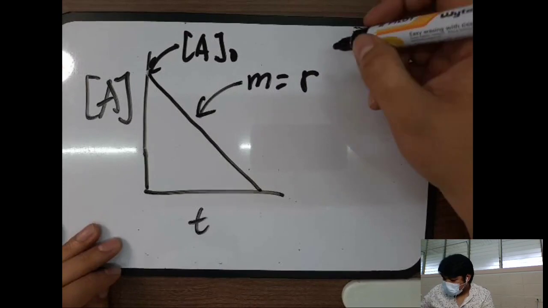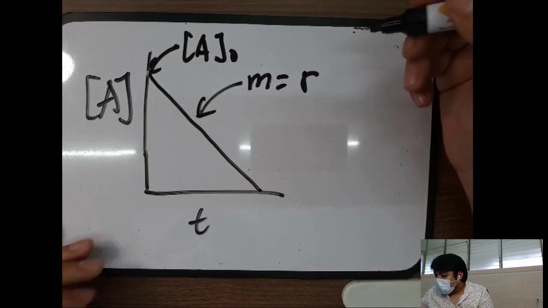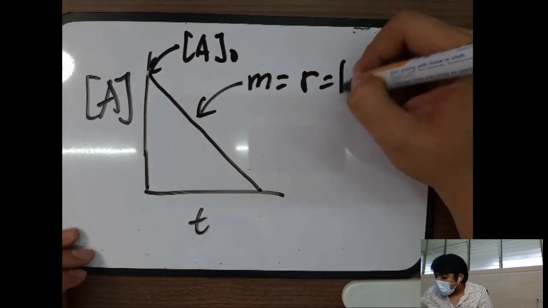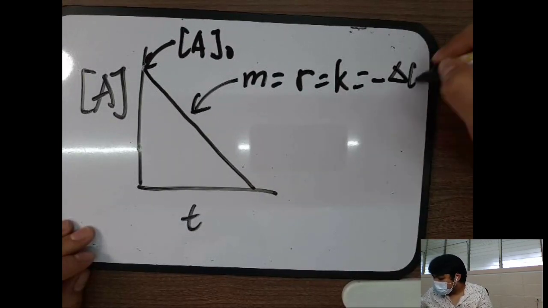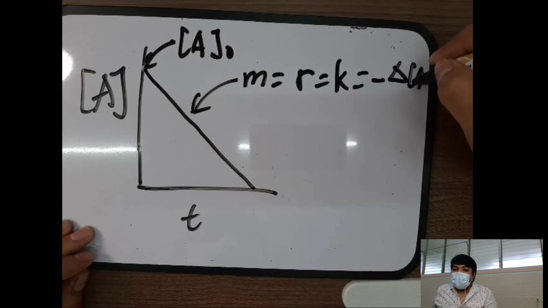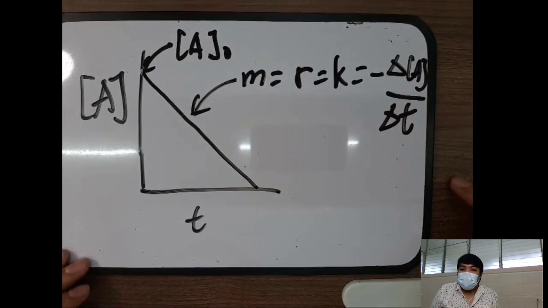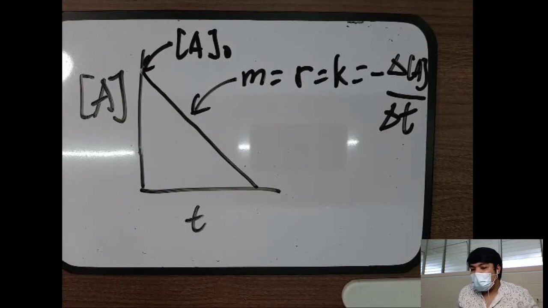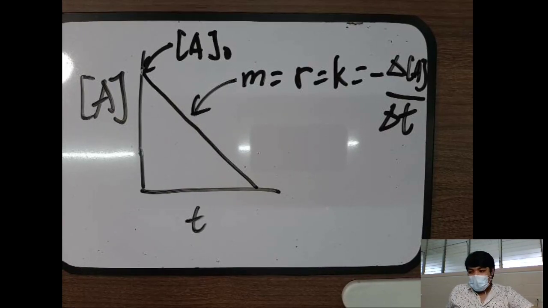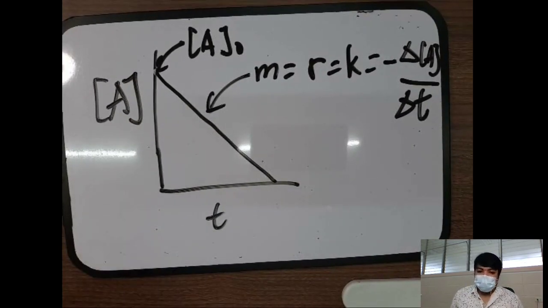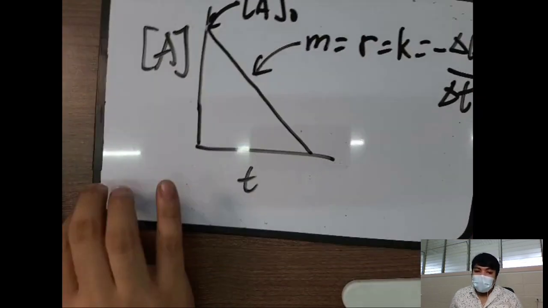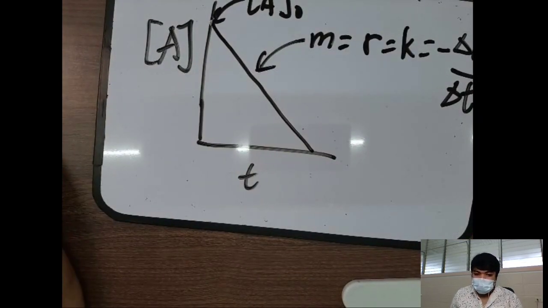And since the rate is constant, this is equal to the rate of the disappearance of your reactant for a zero order reaction. Again, my camera is responding slowly, so my apologies for that. So it would look like that. Okay. Now.